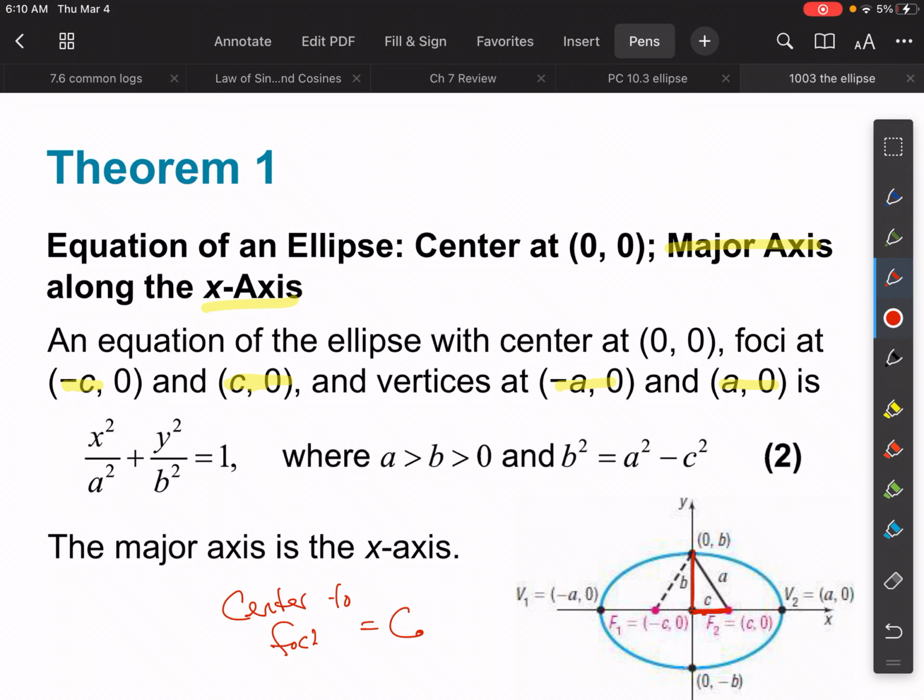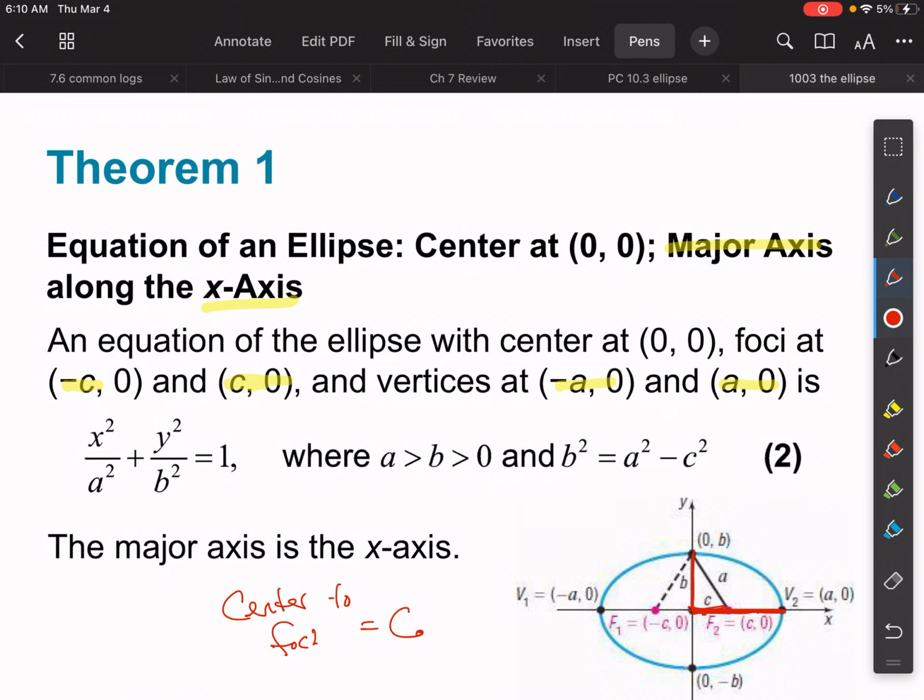Once I know that c value, and maybe sometimes you won't know it and you're going to try to find it, that's okay. They have to give you enough to find one of these things. The major axis distance, a, is always the distance from the center to the vertex on the major axis. That's the a value.